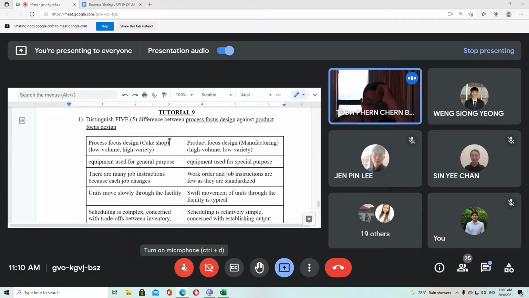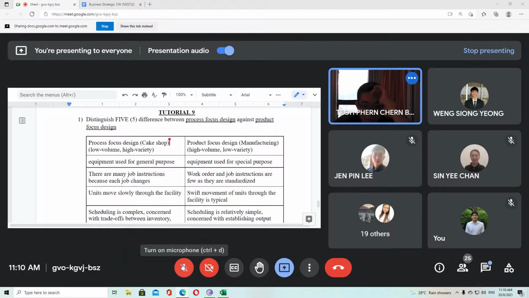So compared to process focus, not all cake shops, okay? Only the type of cake shops where they design the cakes. It's not like normal butter cake, then they make 1,000 cakes. It's the cake shops where you can order your own designs and things like that. So the equipment that they use is very normal equipment. The equipment you can use to bake any type of cake.